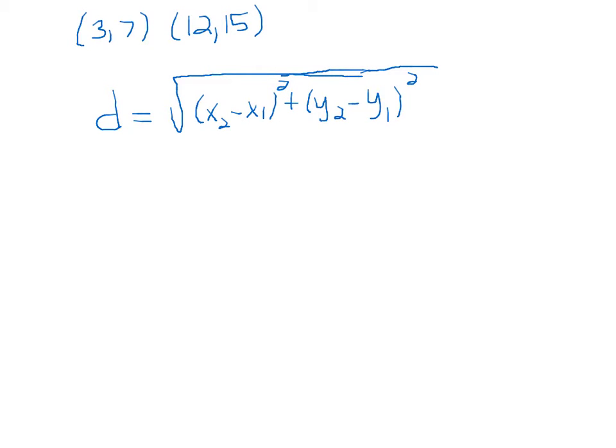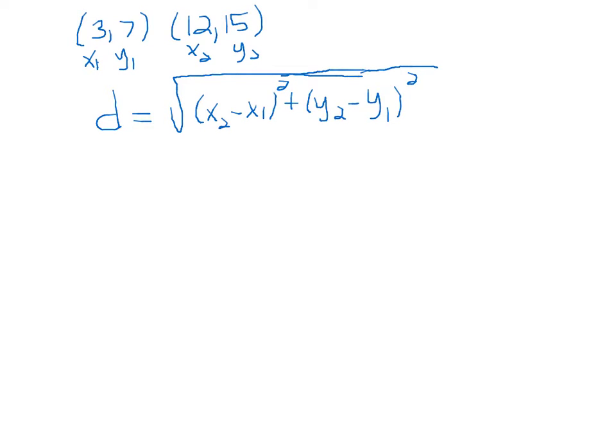So we know that in general we can use this formula for determining the distance between 2 points. So let's go ahead and do this. I'm going to list this point as my x1, y1, and I'll list this as my x2, y2.